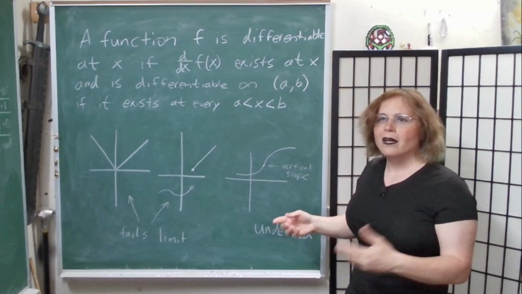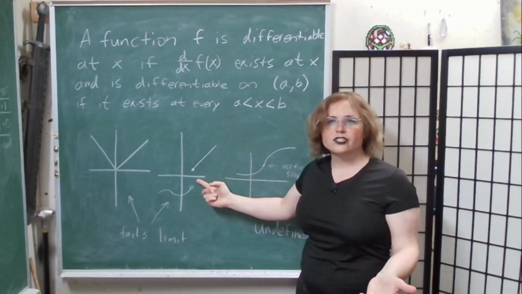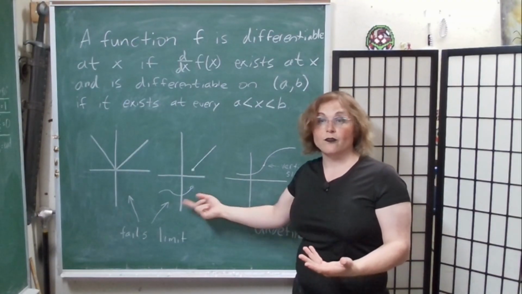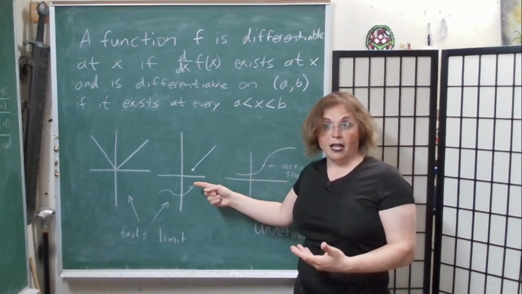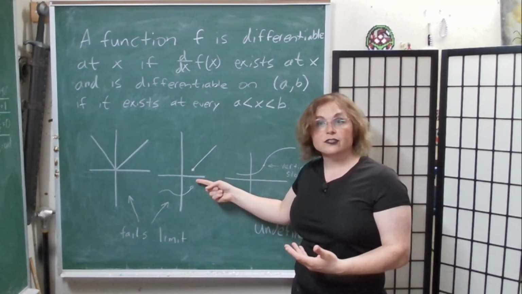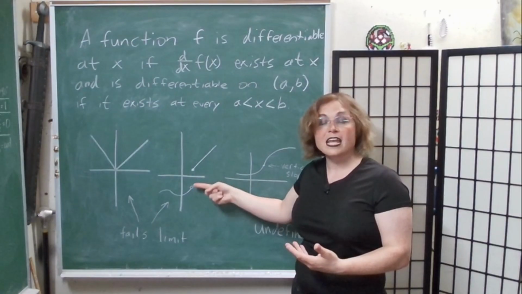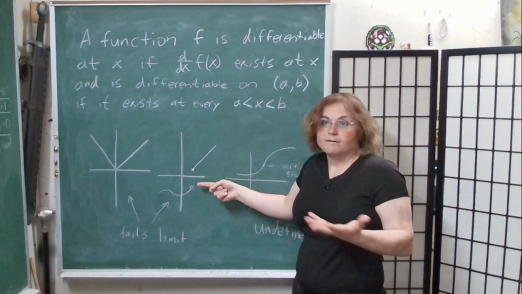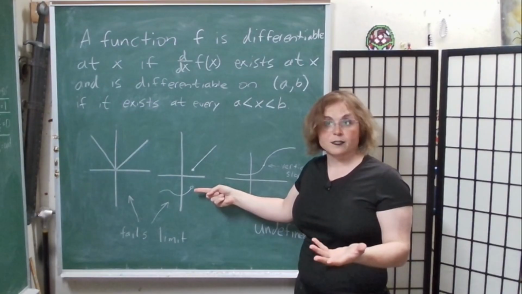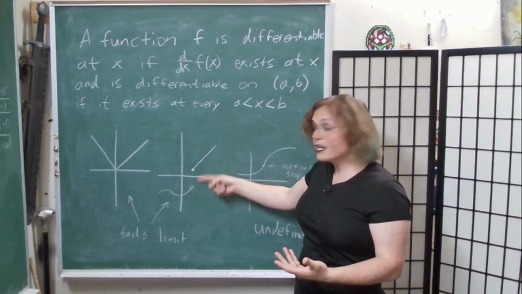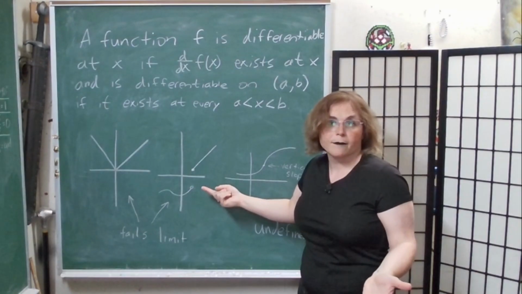And we know that for a function with a discontinuity, the limit exists from the left, the limit exists from the right, but it's not the same limit, so therefore the limit doesn't exist here. This is not continuous. It's not differentiable at this point, right? It's differentiable here, it's differentiable here, but not exactly at this point, okay?